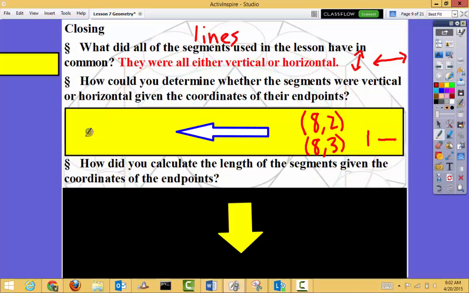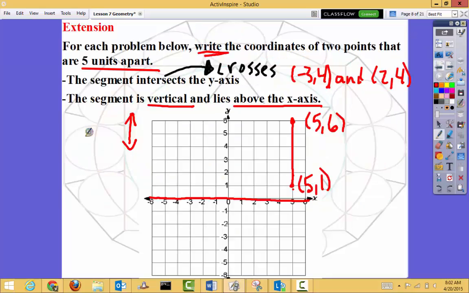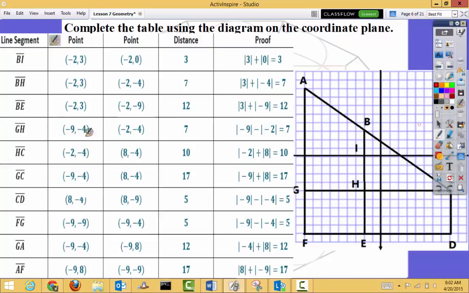Well, let's look back at our lesson. What did I notice here? They have the same x, and B to I is where? B to I is right there. So it looks like if their x coordinates are the same, then it is vertical. Now let's check. What if they had the same y value? So let's see. -4, -4.